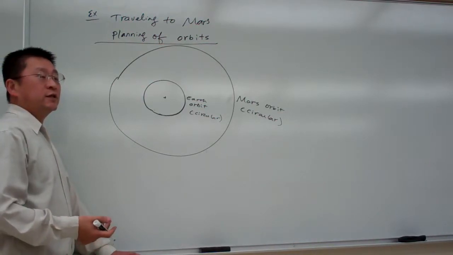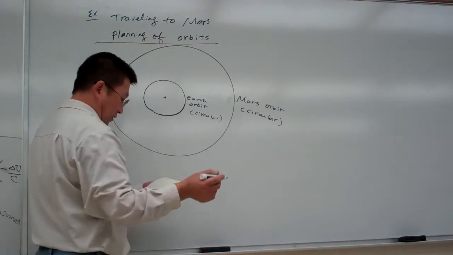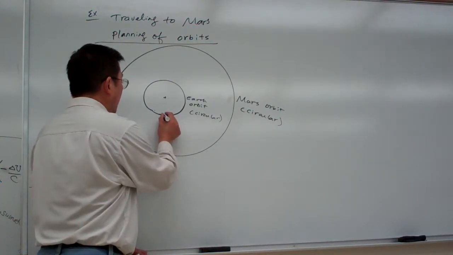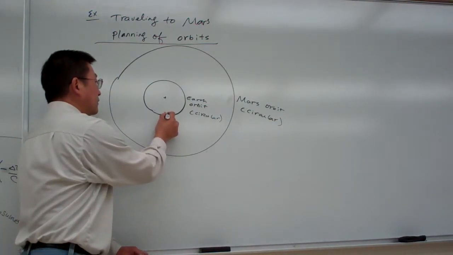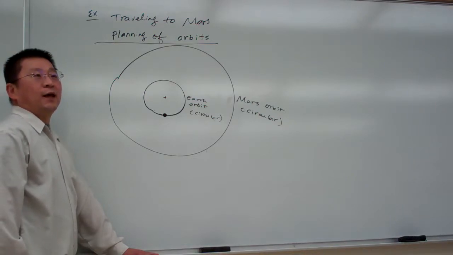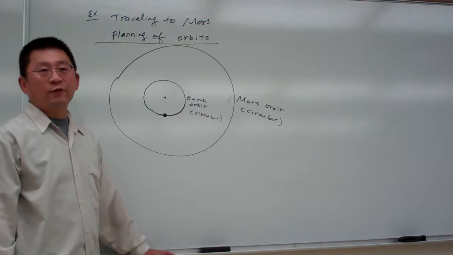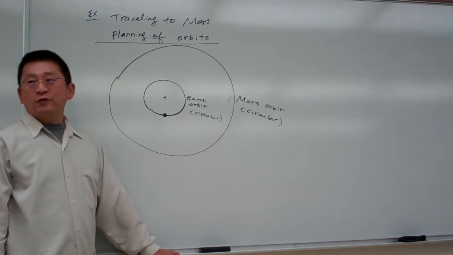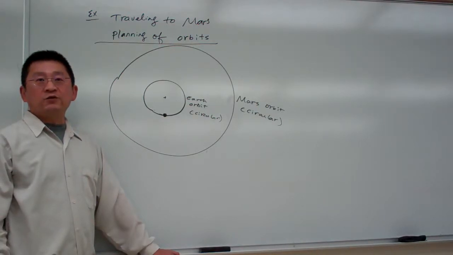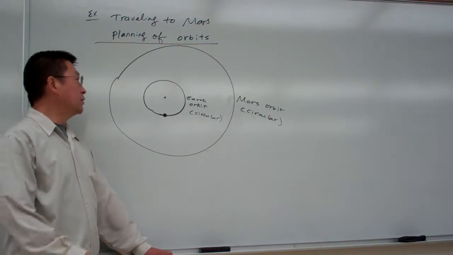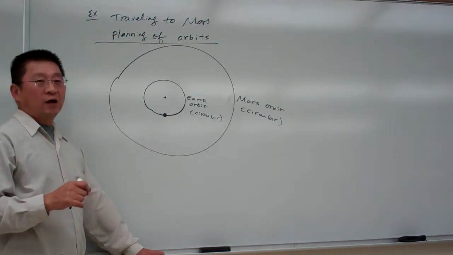So the question is this: say at a particular moment, for reference, Earth is here. Okay, and if our mission is to take the most fuel efficient way for the space shuttle or the cruise to land on Mars, or at least to meet Mars in space, how can we do it?